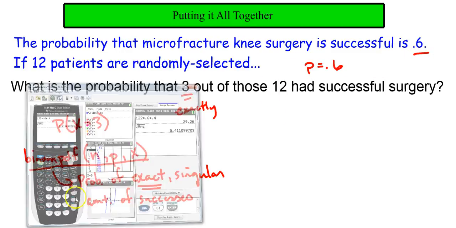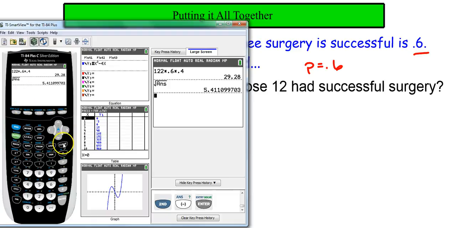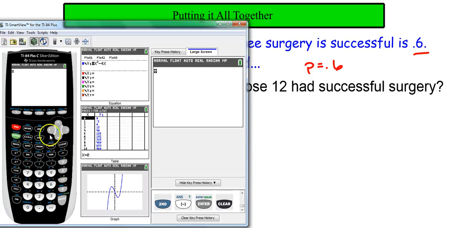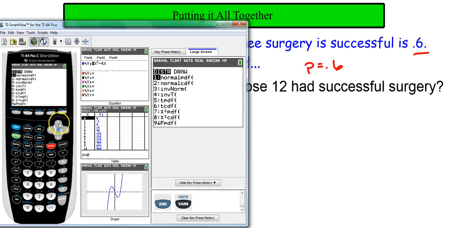All right, so let's go find our distribution function. Our function is under distribution right here, just where we found that normal distribution before. So second vars, and it's actually near the bottom. So if we just scroll up one, that'll take us to the very bottom. Remember, we want binom PDF because we want to calculate the probability of a particular number of successes.